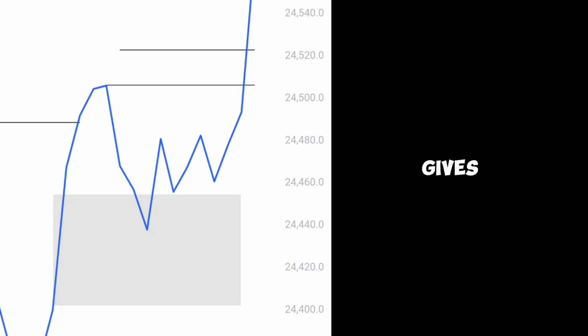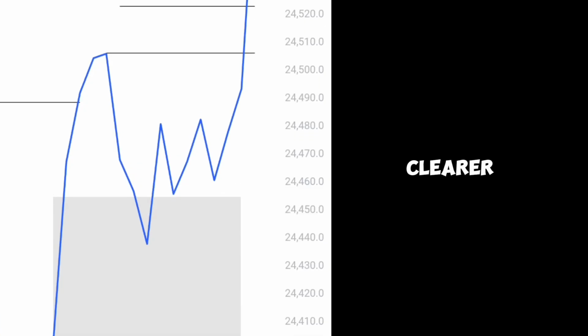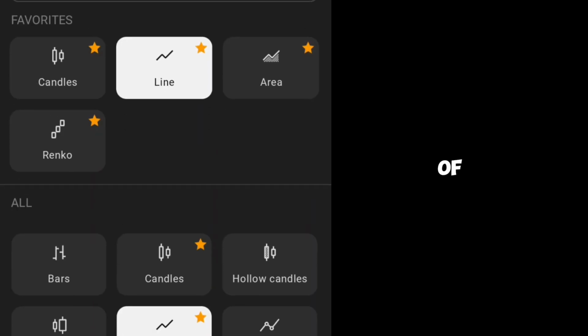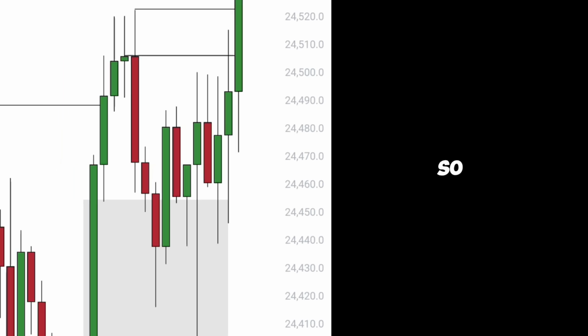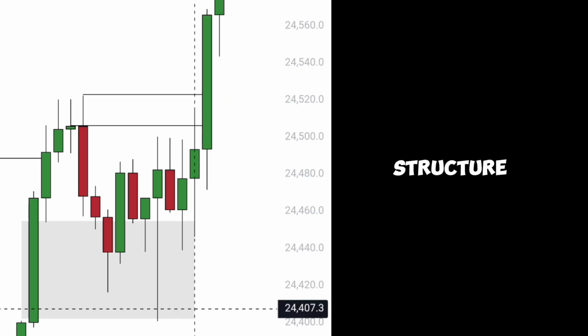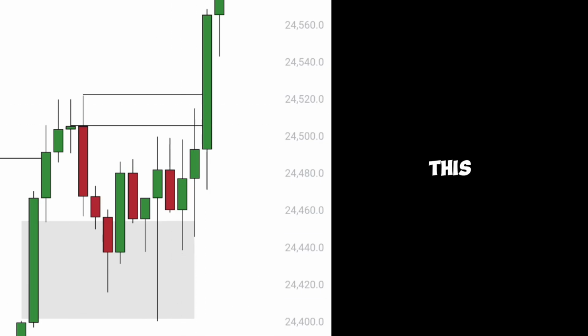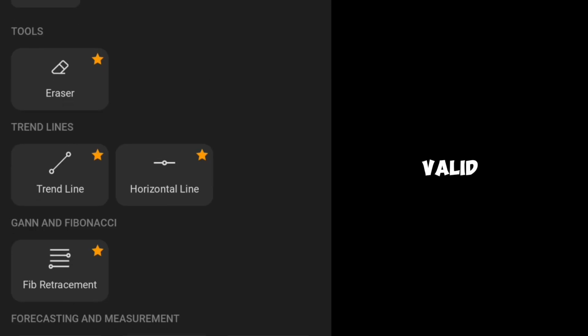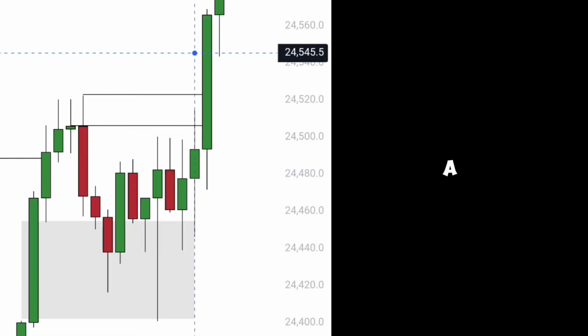I think it gives a lot clearer idea when it has to do with the subject of breaking of structure. Okay, so when you see that the market has broken that structure, then this area becomes a valid area to take a long position.